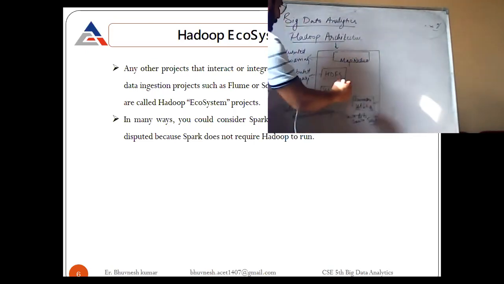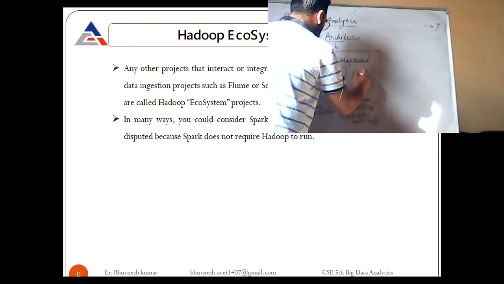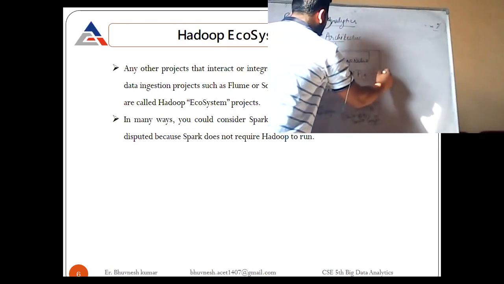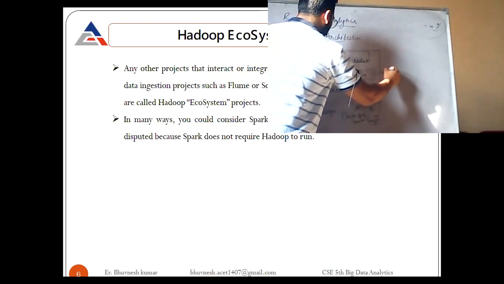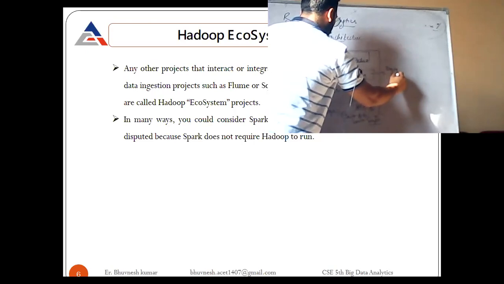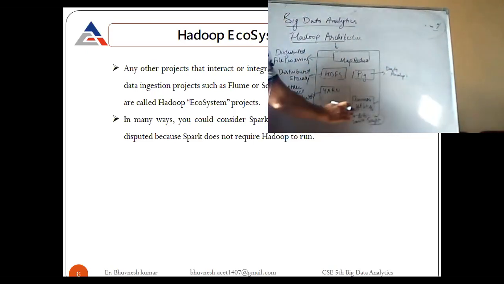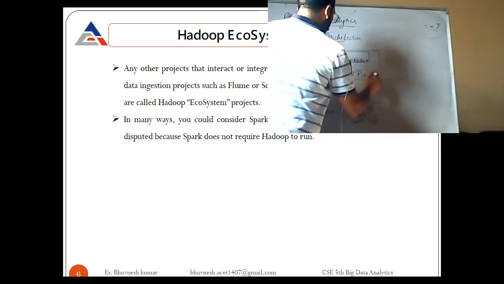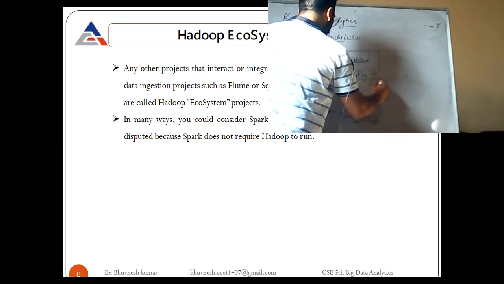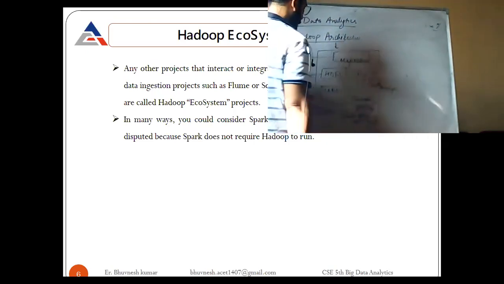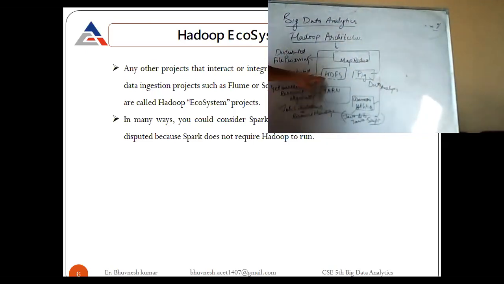Further, there is also Pig, which is used for data analysis. Data storing should be done by the HDFS framework.